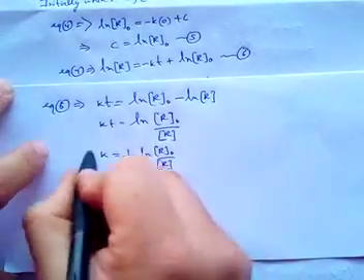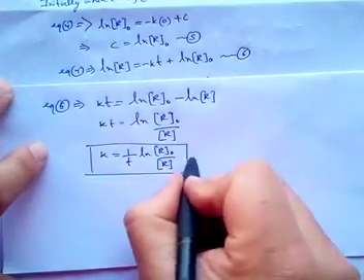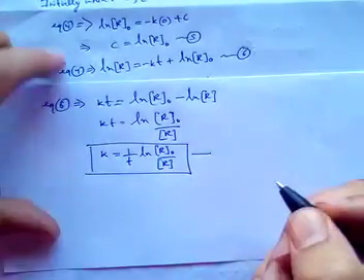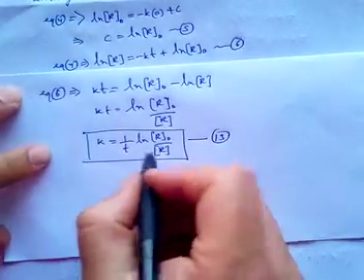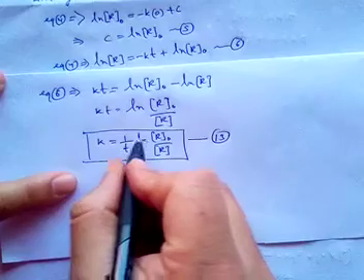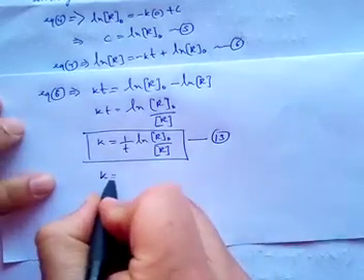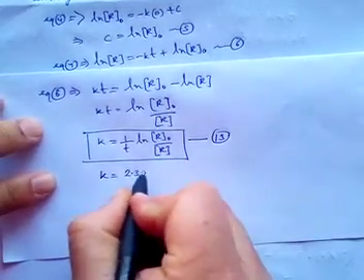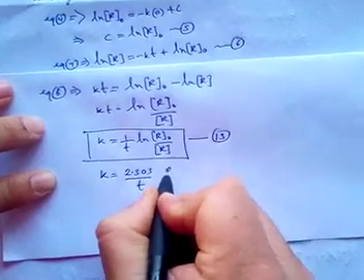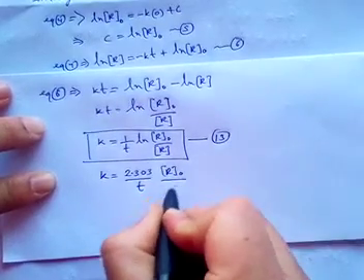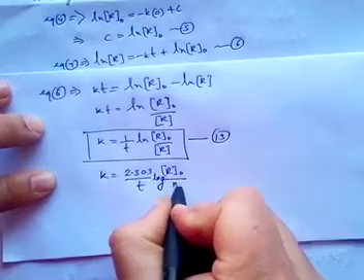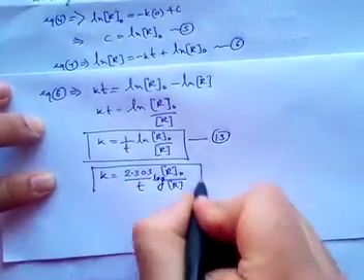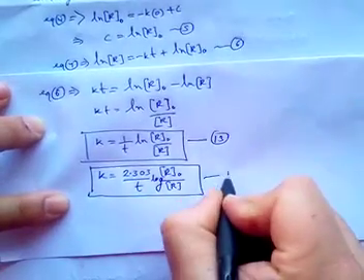This is equation 13. Then we'll change this ln to log, so k equals 2.303 by t log r0 by r. This is a very important equation.